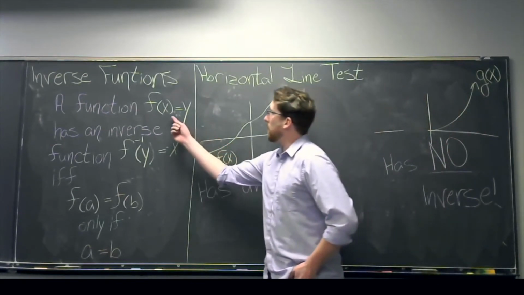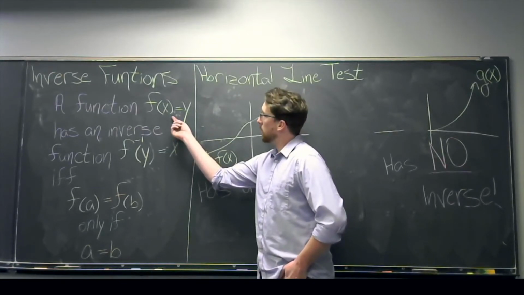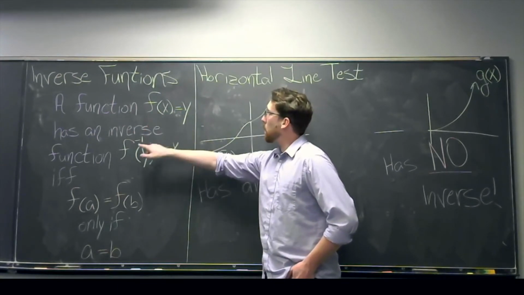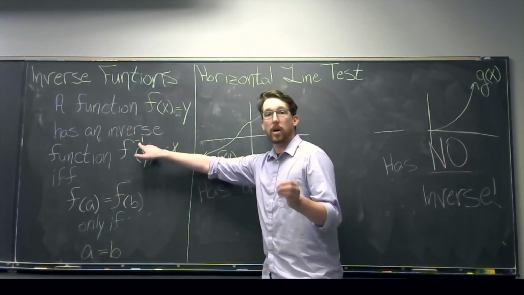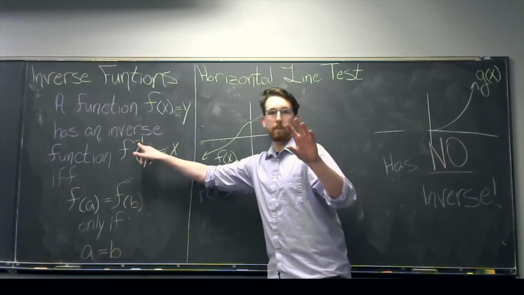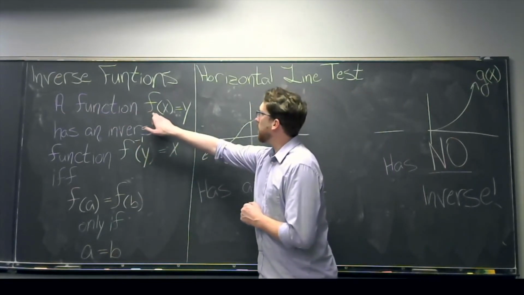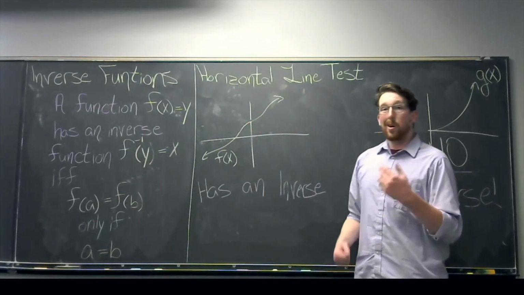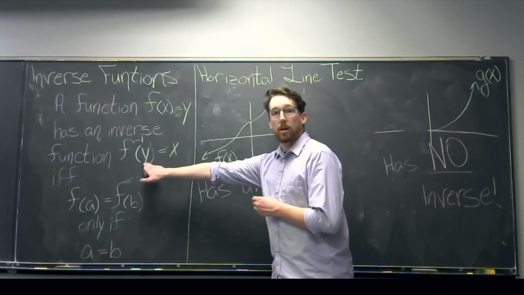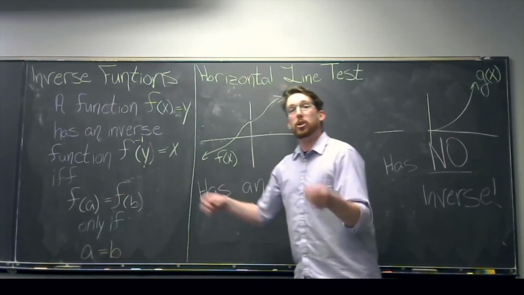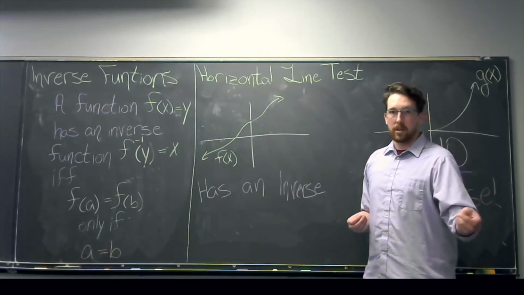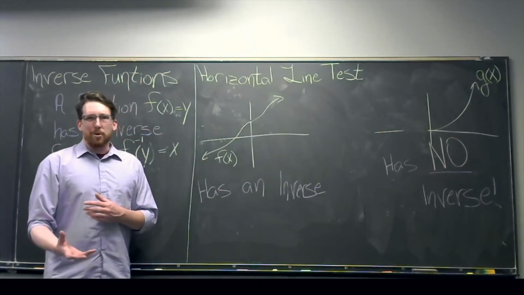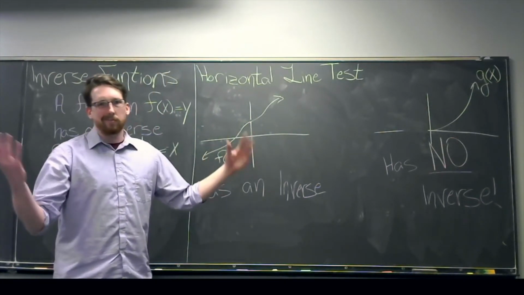And if this function has an inverse, we write it using the same label, but this time we attach a -1 as a superscript. So here is f of x, here is f inverse. We also generally don't write f inverse of y. We generally write f inverse of x. And that's just because we like to call our inputs x. It's a thing.